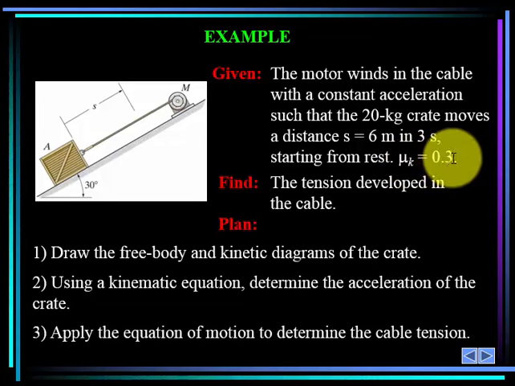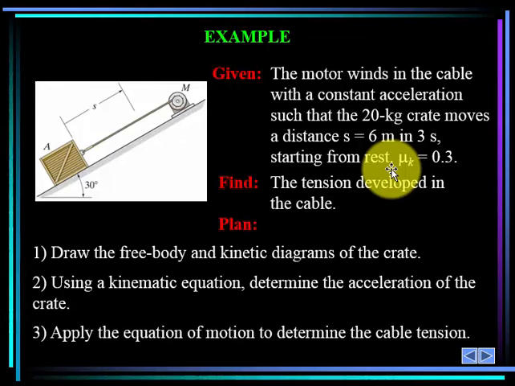Now, a reminder from physics, two different coefficients of friction between bodies. A static coefficient of friction would apply right up to the moment when the bodies start to move relative to each other. So static coefficient of friction is what's there when the bodies are not moving.